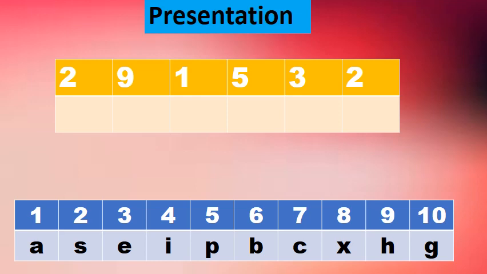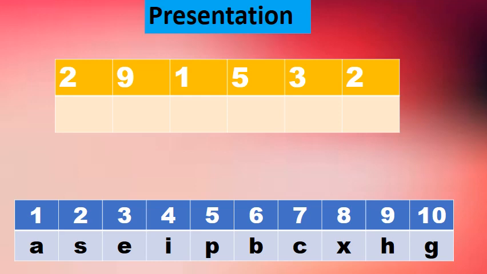So I have here a given puzzle which you are going to solve so that it will reveal what our topic for today is. Are you ready? We have here the numbers 2, 9, 1, 5, 3, 2. What do you think it means? Let's find out.